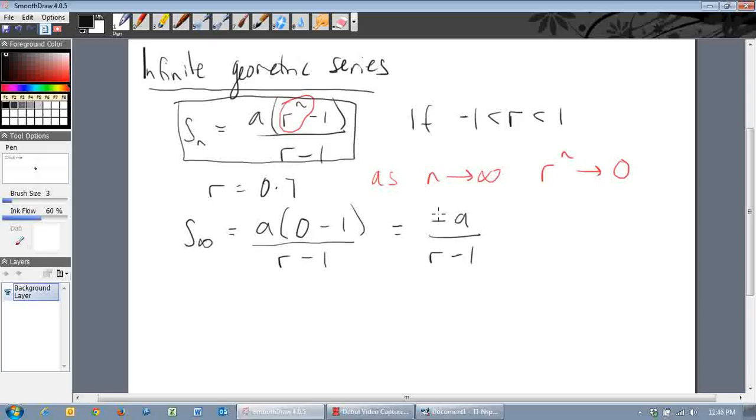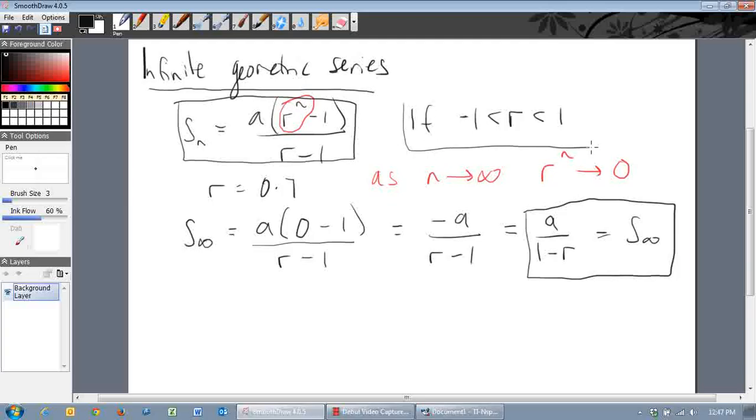There we go. We'll just clean this up because we don't like the negative. Let's just times everything by negative 1. We'll just get a on the top line. If we times the bottom line by negative 1, we'll get 1 minus r. And so that is your formula for the infinite sum of a geometric series, if and only if r is between 1 and negative 1.